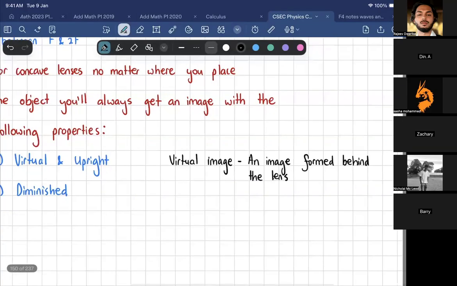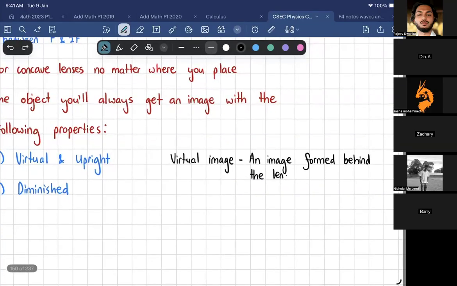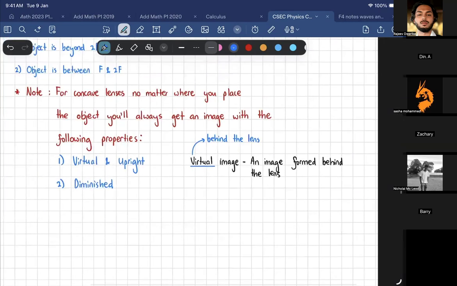So anytime you see the word virtual, please note that virtual means behind the lens. That's what it means. So virtual just means it's forming behind the lens. Are we okay with that?